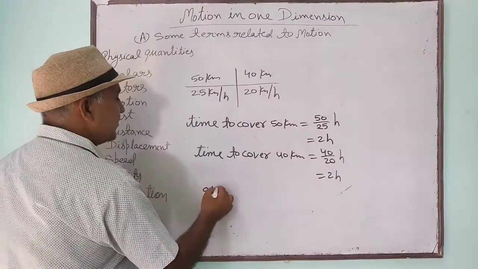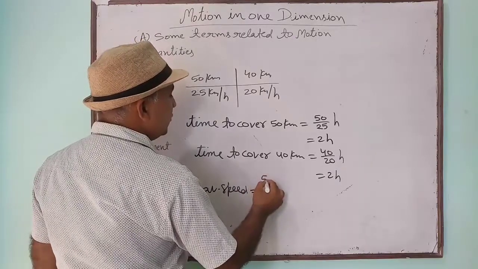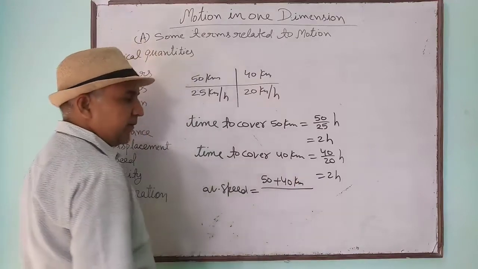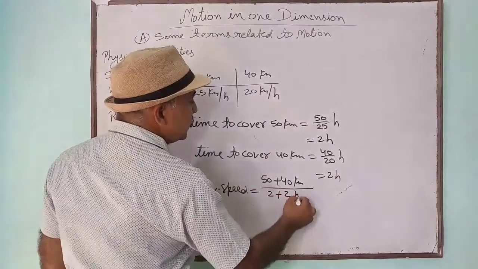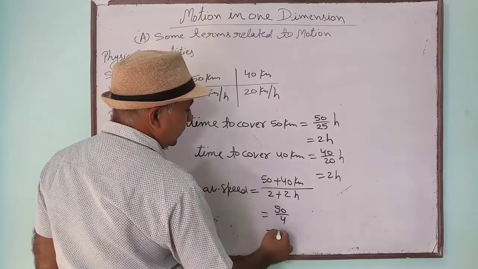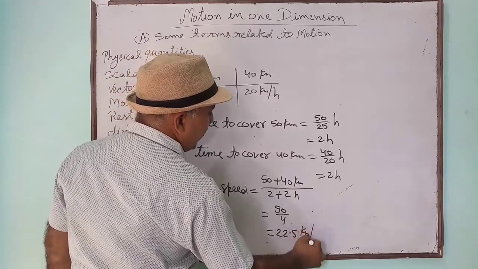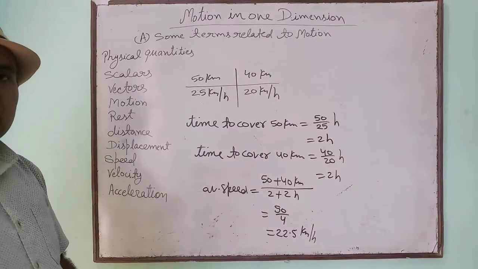Now we can find the average speed. Average speed is equal to total distance, which is 50 plus 40 km, and total time is 2 plus 2 hours. That means 90 by 4, which is 22.5 kilometer per hour. Understood, everybody?